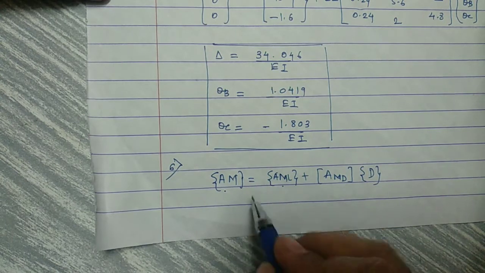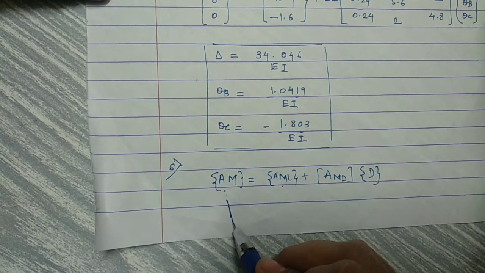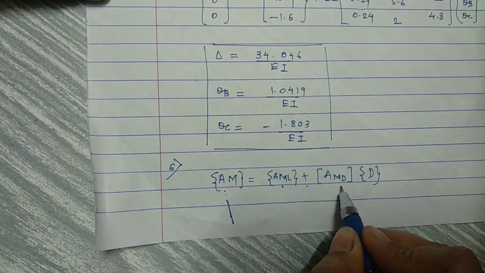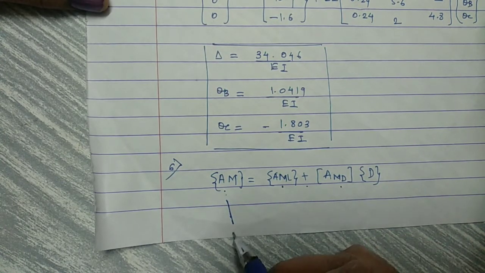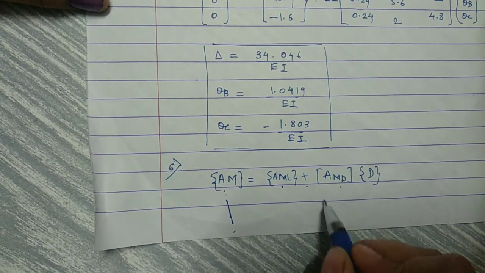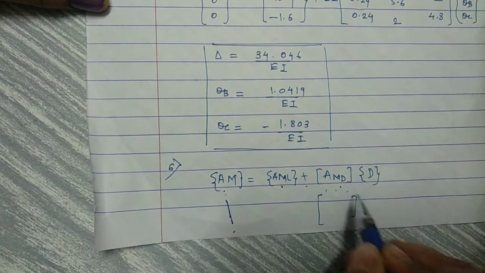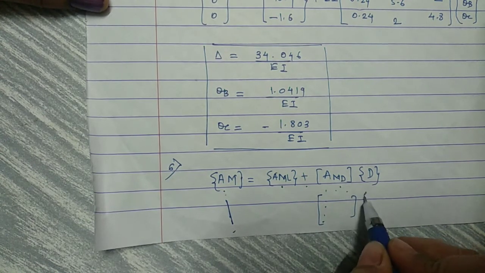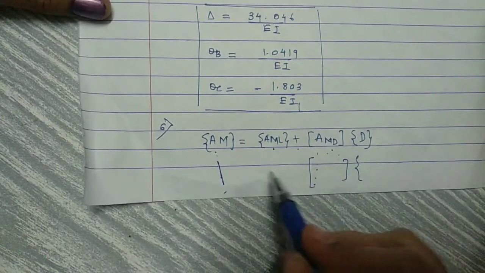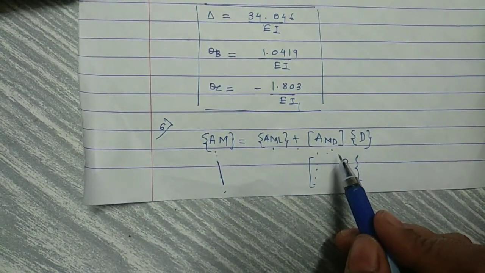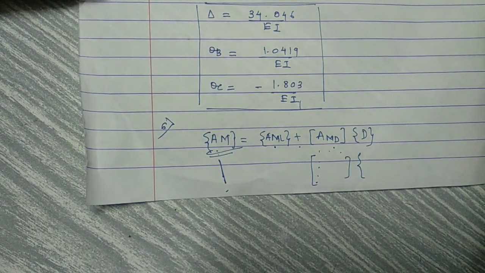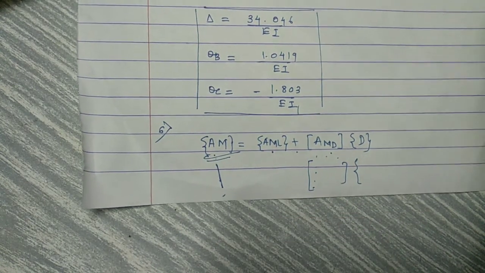AML means the values of these unknown moments from the restrained structure, plus AMD, which means the values of the same moments when each degree of freedom is equal to 1. So in this there will be 3 columns and 4 values, and the unknowns delta. This procedure is explained in previous videos. Refer to that and calculate the final unknown moments. Okay, thank you.